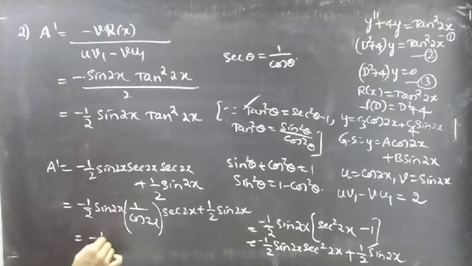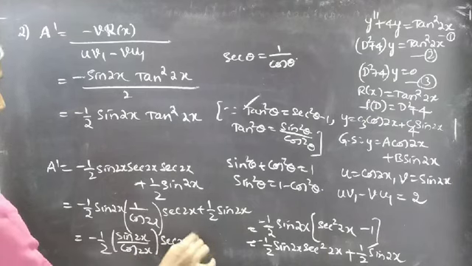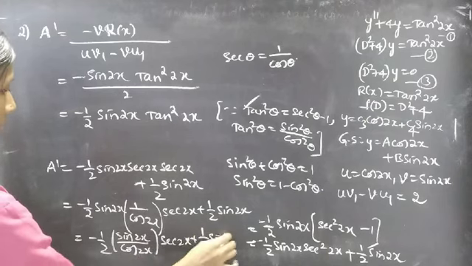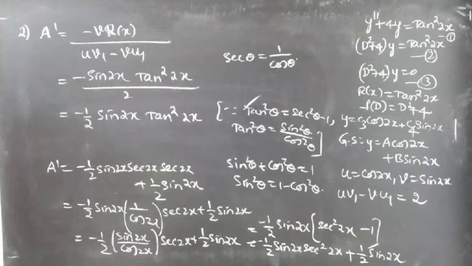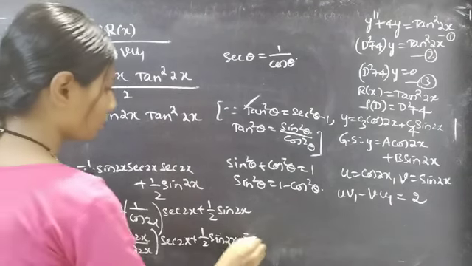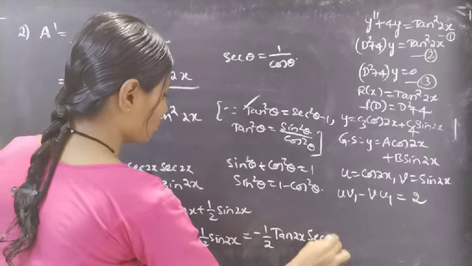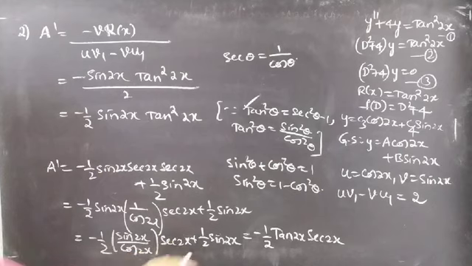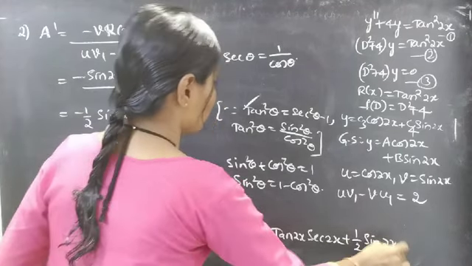This equals to minus 1 by 2 into sine 2x into 1 by cos 2x, which is sine 2x by cos 2x, into secant 2x plus the second term. So you'll get minus 1 by 2 into tan 2x secant 2x. This equals to minus 1 by 2 into tan 2x secant 2x plus 1 by 2 sine 2x.